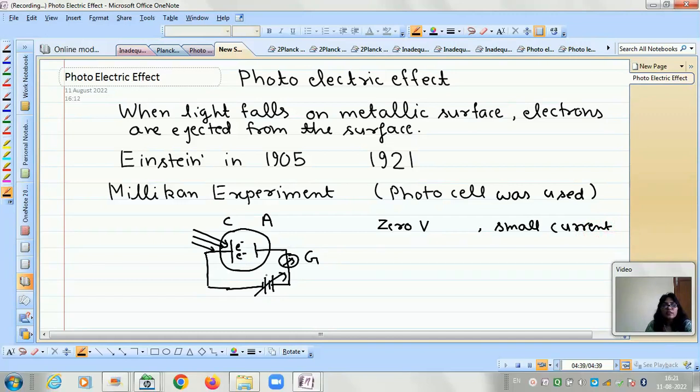Now if we increase the potential in the positive direction, means if we apply more positive potential to the anode, then more and more electrons will be attracted by the anode, and therefore the current will increase.